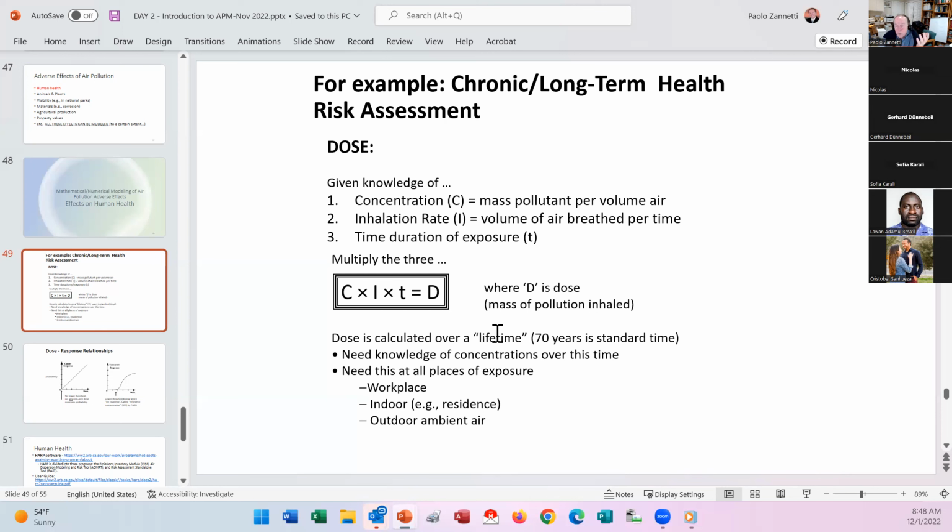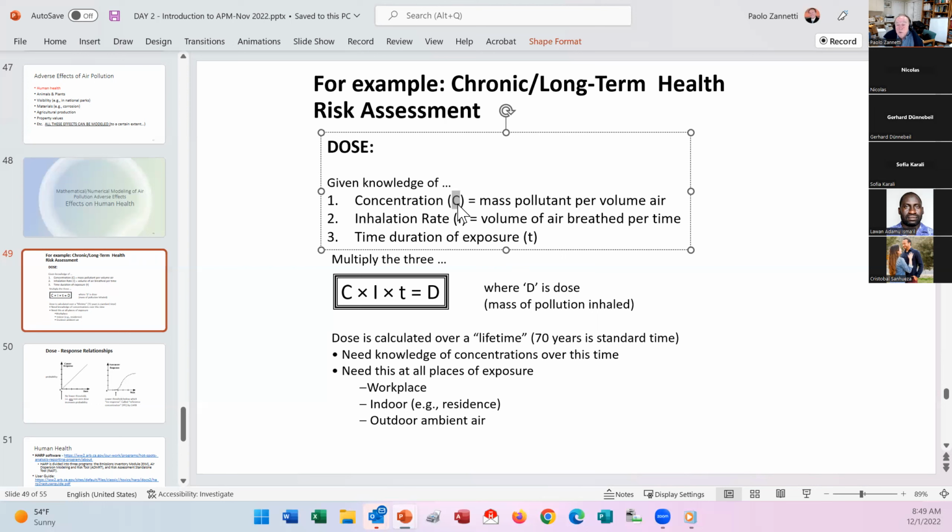You have to make a major approximation, but you can do it. You start with the person, you look at the lifetime, 70 years, you look at the lifestyle, where they lived, what they did, and more or less, for each chemical of concern, you may establish the concentration of chemical that they have inhaled.